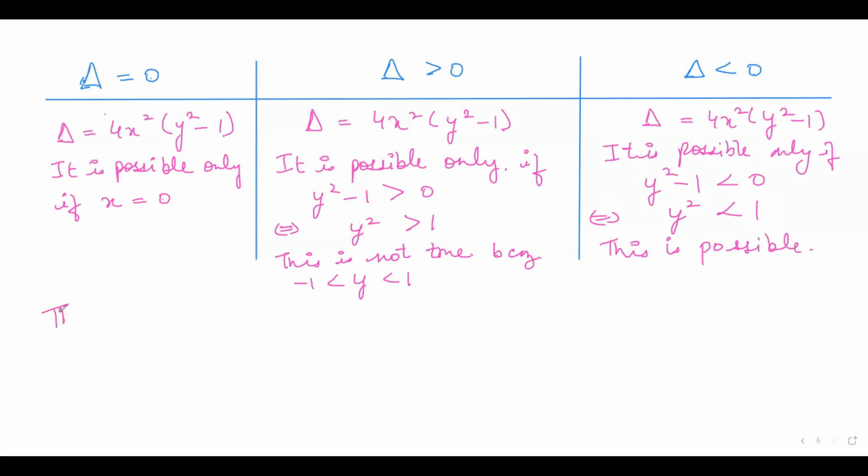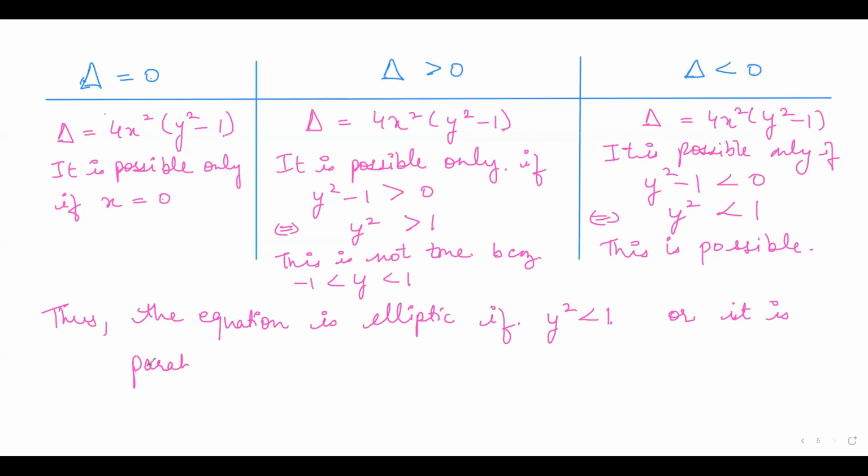So thus we could say that less than 0 means it has to be elliptic. So the equation is elliptic if the given condition is that y square is less than 1, or it is parabolic if x is equal to 0.